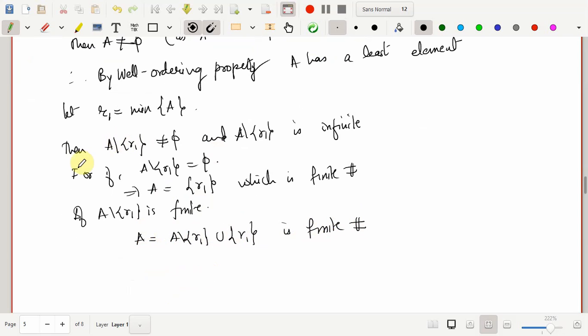So therefore I've justified both statements: A difference R1 is non-empty, and it is an infinite set.